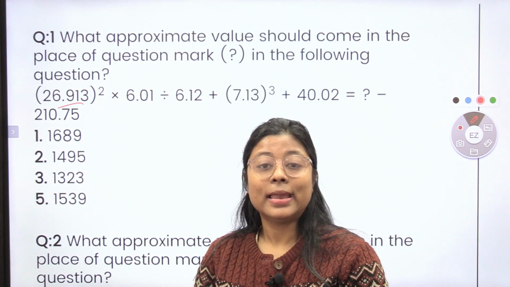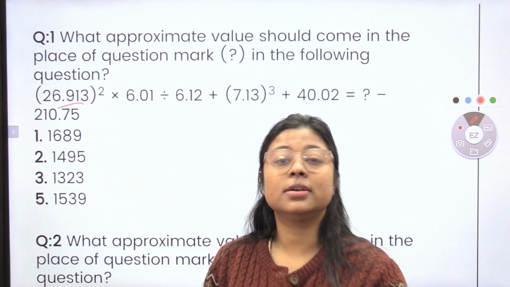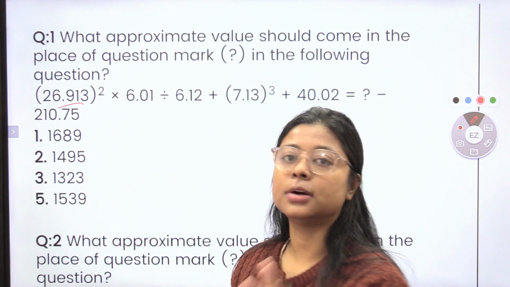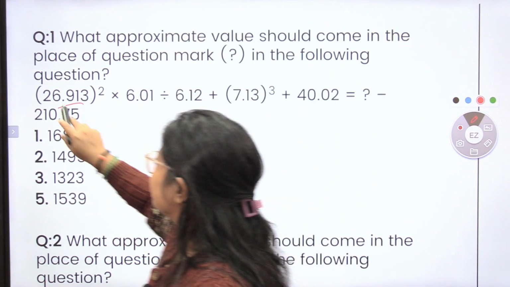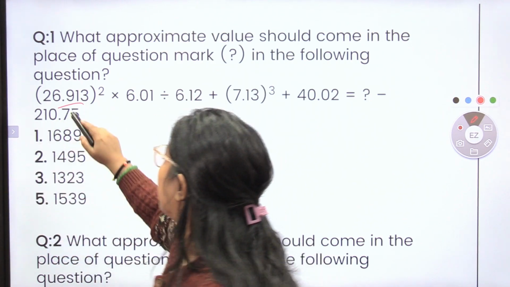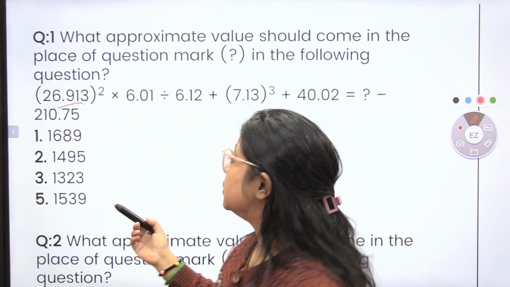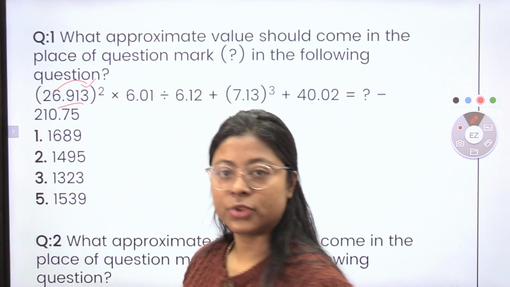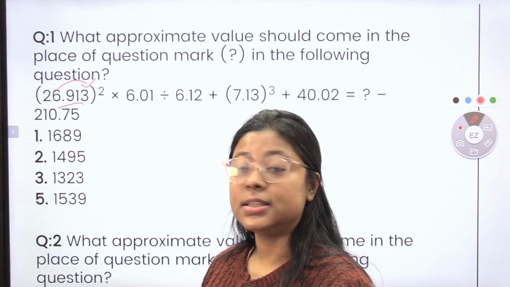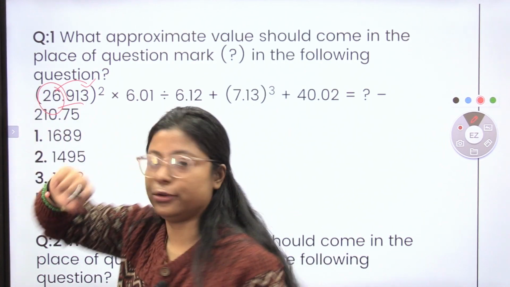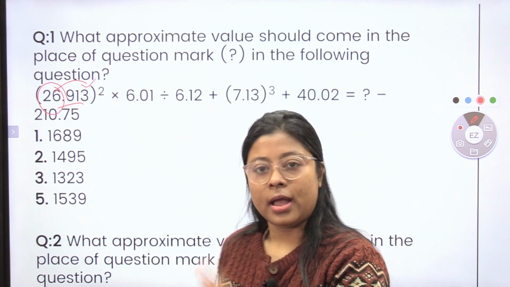If the number after the decimal is greater than 5, then you approximate the number to its next number. And if the number after the decimal is less than 5, then you take the exact integer value. This is the only rule that applies in approximation.